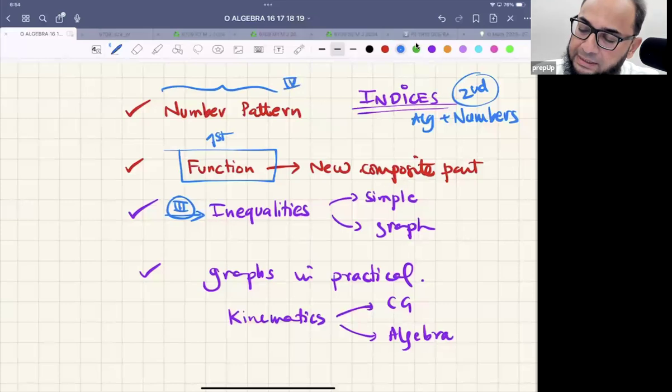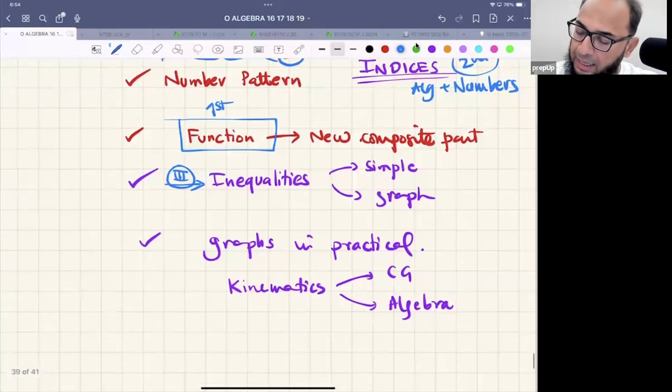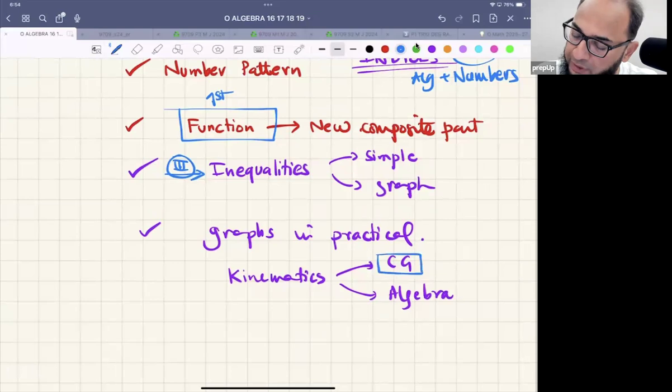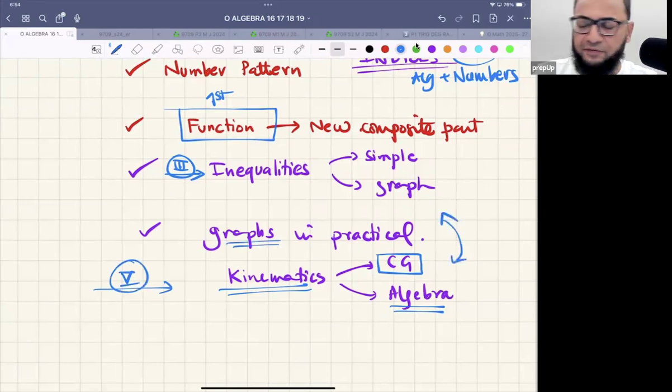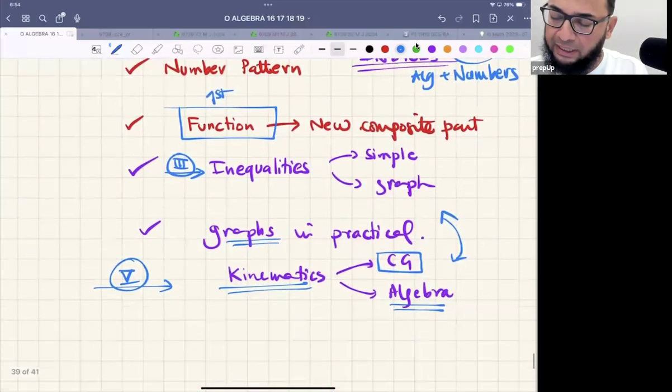The fourth one is number pattern. And then coordinate geometry, kinematics, algebra, this should be the fifth one. And graphs in practical situation could fall under that category, after that or before that. So this is the order in which we'll be going now. So that's all done. We are finally done with sketching, and let's wait for the next class for more info.